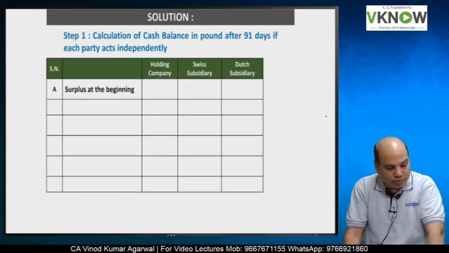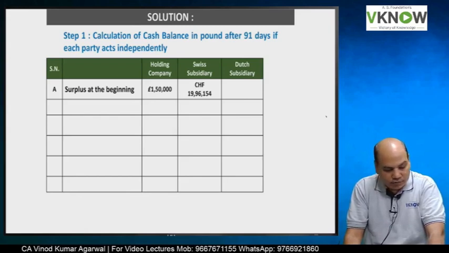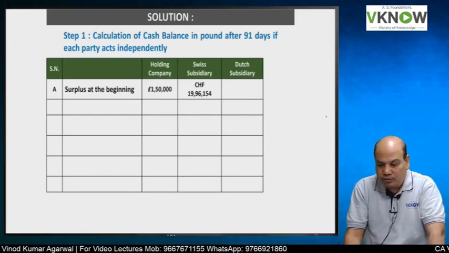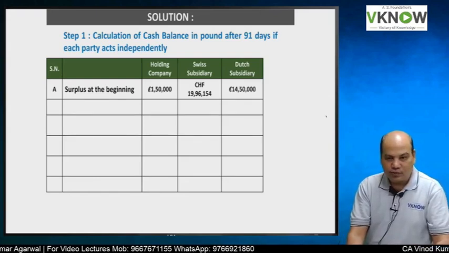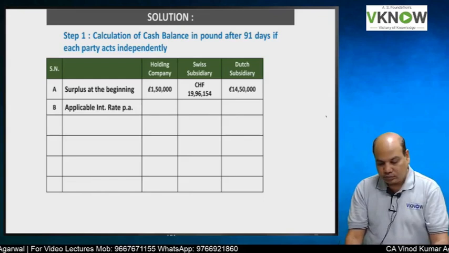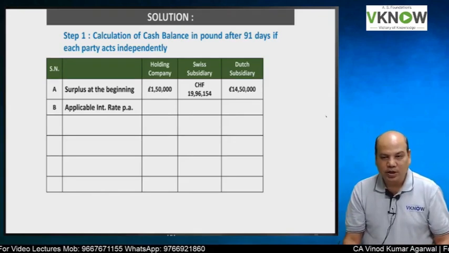So go to your question, you will find surplus at the beginning is given pound 1,50,000, CHF 19,96,154 and Dutch subsidiary has a surplus of 14,50,000. Second point again should be interest rate applicable per annum.